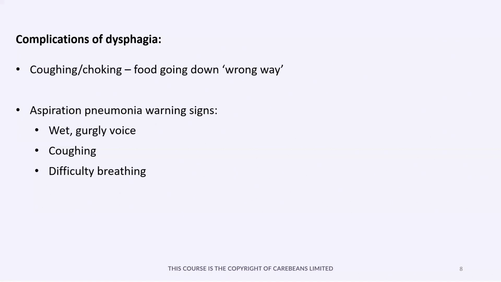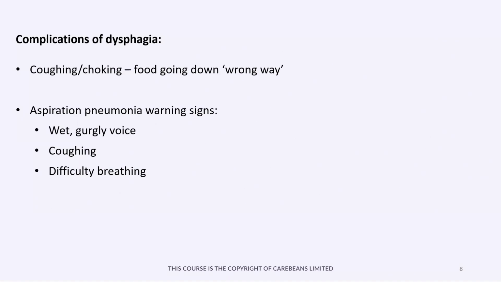The warning signs are a wet, gurgly voice whilst eating or drinking, which could suggest it's going down the wrong way, coughing whilst eating or drinking, and then maybe difficulty breathing.